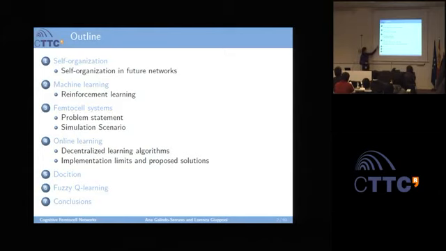One of them is based on a cooperative technique which we call Docition, and the other one is based on the combination of fuzzy logic with the Q-learning algorithm. The main idea with this combination is to have a more accurate representation of the environment and the actions we can take.